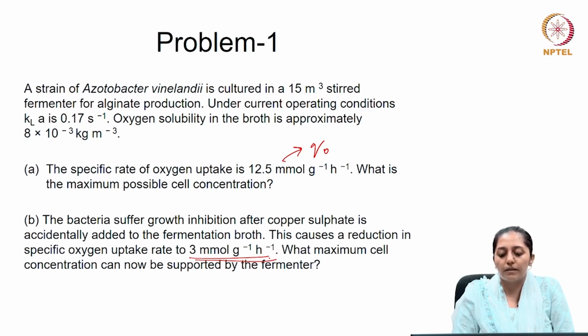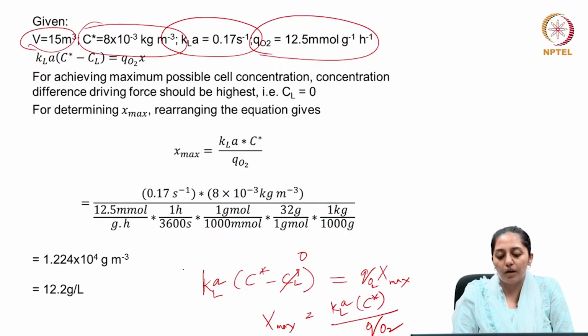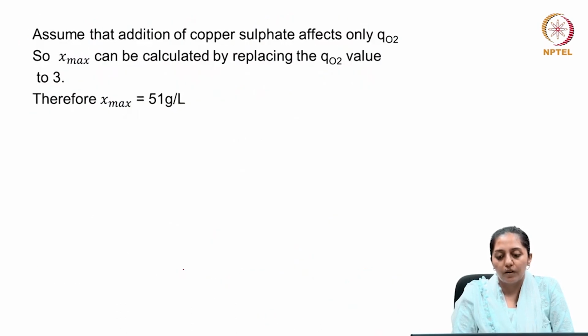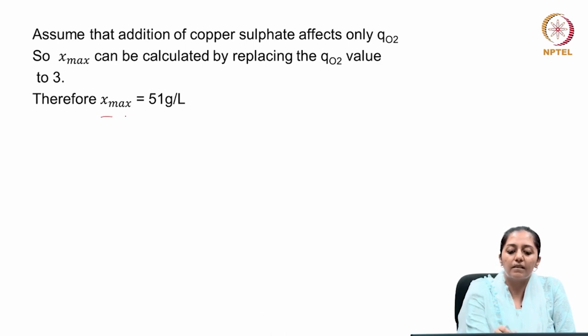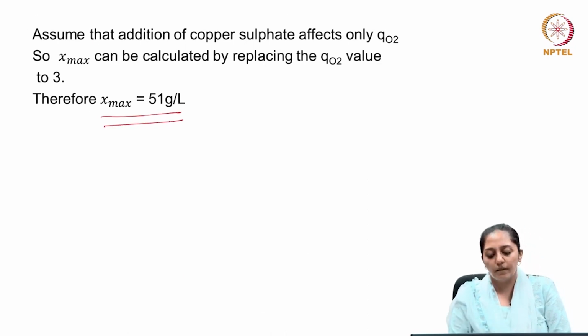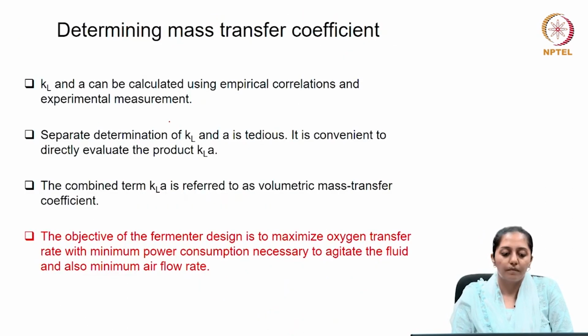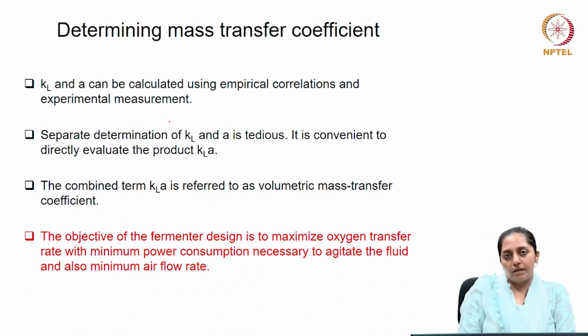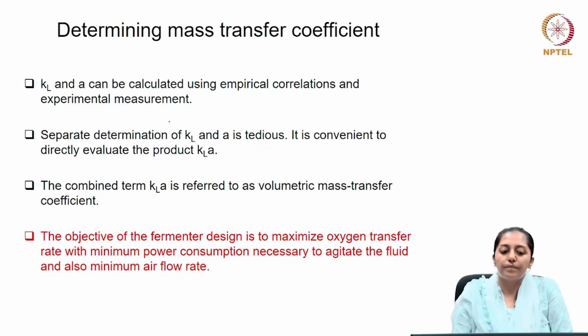So rather than using 12.5, we'll have to use the 3 millimolar value. So if we do the substitution, then the X max changes to 51 grams per liter. So now, because the specific oxygen demand has reduced, the amount of biomass concentration which can be supported under the same conditions is increased.